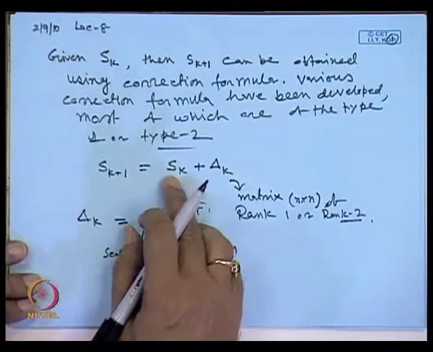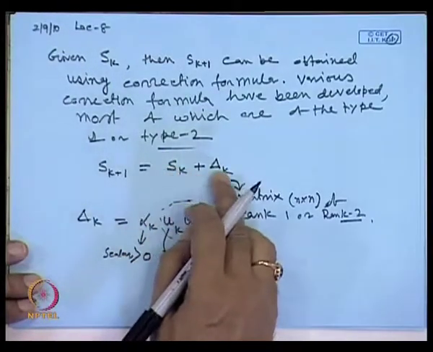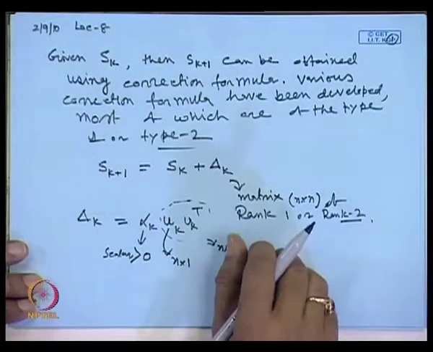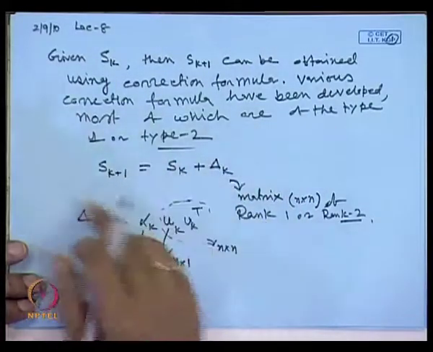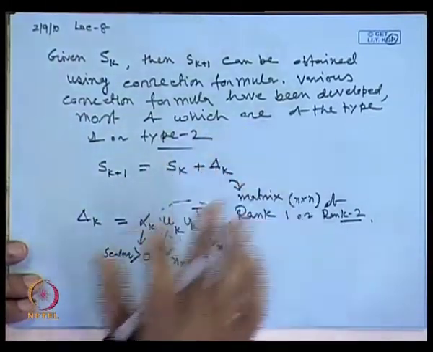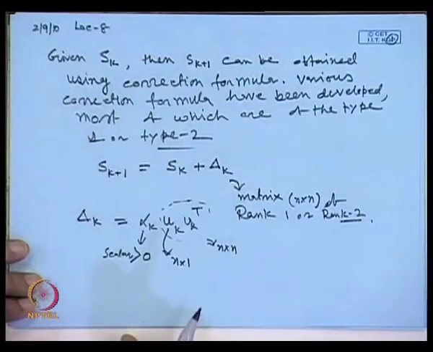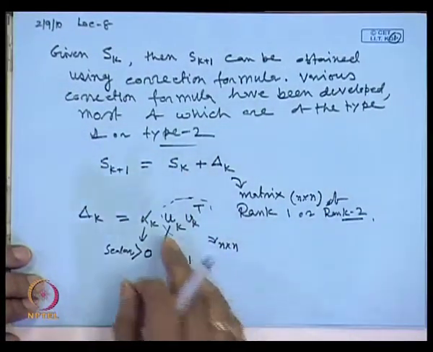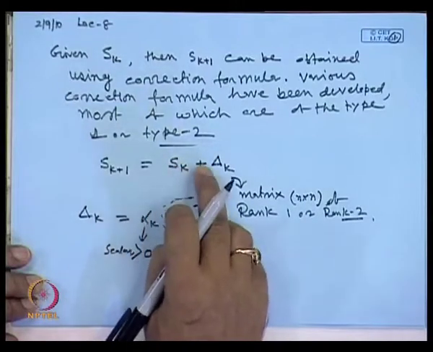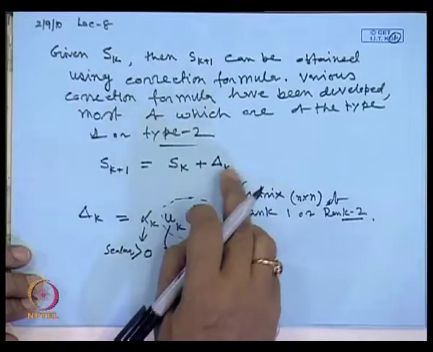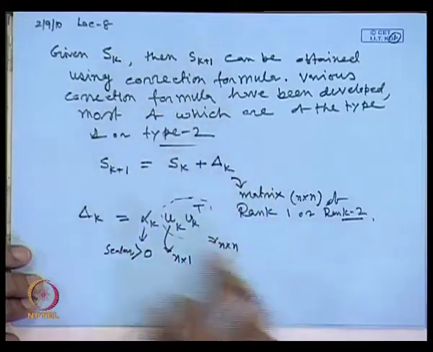So, if you add a positive semi definite matrix to a positive definite matrix, at most it will be a positive semi definite matrix. Agree? Or no, sorry, the result will be a positive definite matrix. Agree? Because this is a positive definite matrix, and a positive definite matrix added with delta k, which is positive semi definite, results in a positive definite matrix.